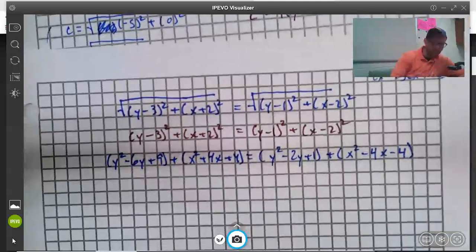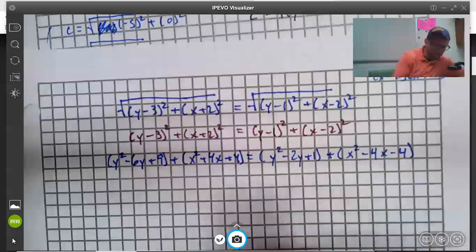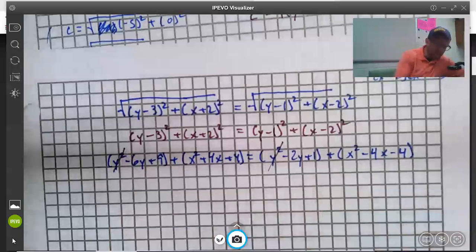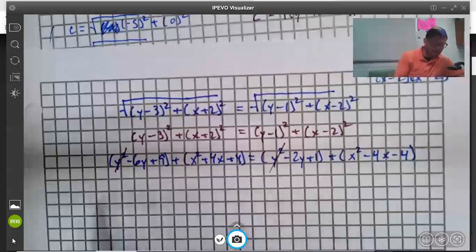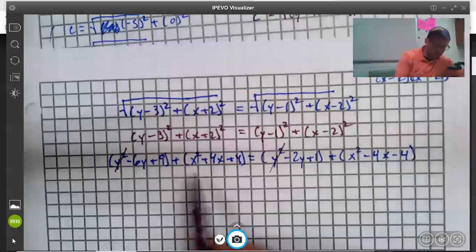So next, there's a whole lot of combining like terms to do. Actually, instead of combining like terms, let's subtract some things. I've got a y squared on each side, so let's take those away. I'm subtracting them, but I don't want to show all the work because it'd be a lot of extra steps, so I'm just going to cross them off as I go along. We have negative 6y. Let's look at the 9. 9 and 4 makes 13.